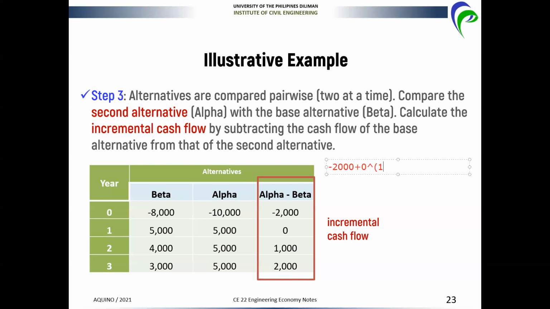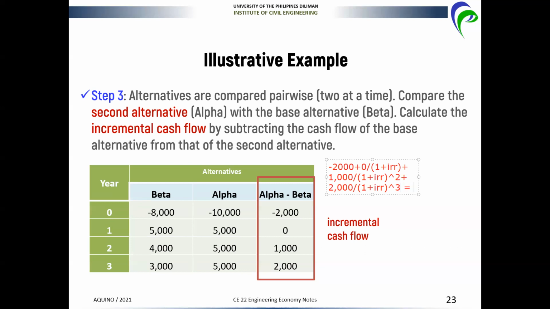Zero divided by 1 plus IRR, plus 1,000 divided by 1 plus IRR raised to the 2, plus 2,000 divided by 1 plus IRR raised to the 3.